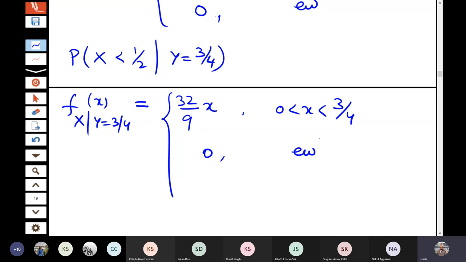So from here, if I calculate this probability, then I have to integrate only this 32 by 9x from 0 to 1 by 2 because x is less than half. So this integral, of course, you can easily evaluate. Is it clear?